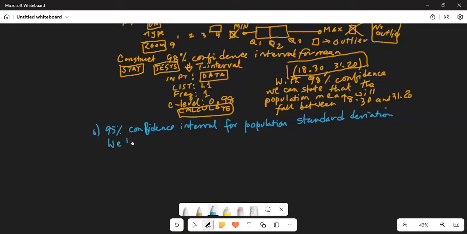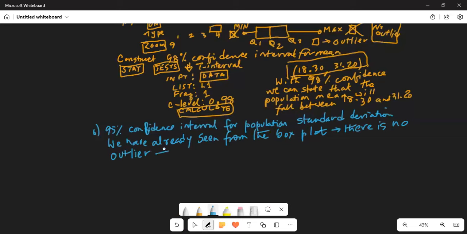We have already shown from the box plot that there is no outlier. Hence, the sample came from a normal population.